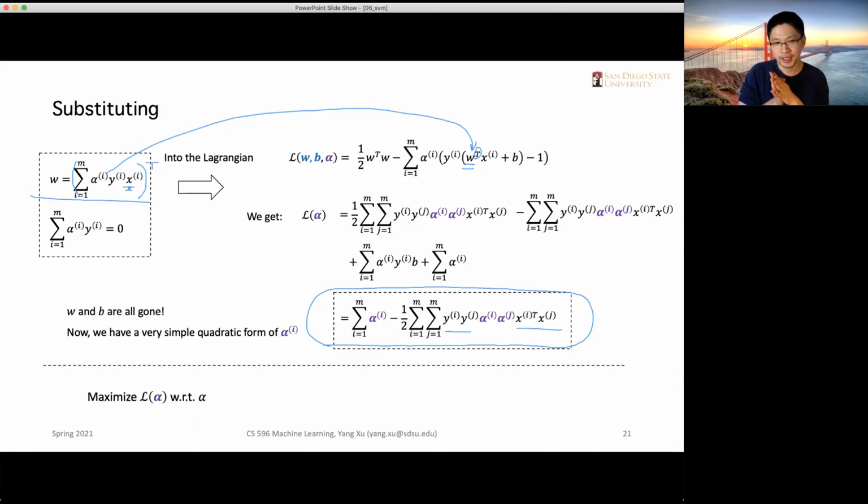So we maximize this quadratic form of alpha with some constraints. Alpha should be greater than or equal to 0. That is one of the constraints, and also there's a constraint here: the summation of alpha times y should be 0.